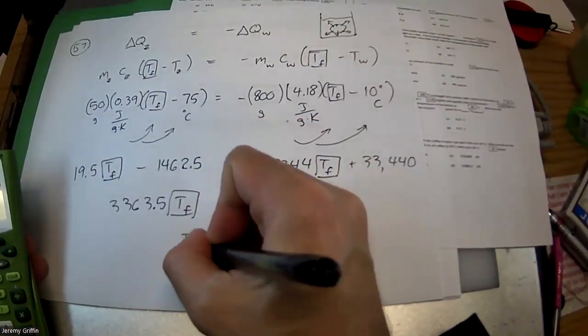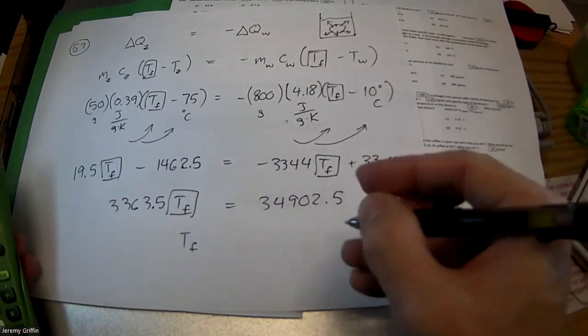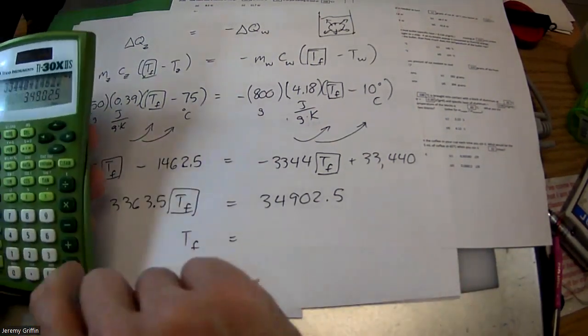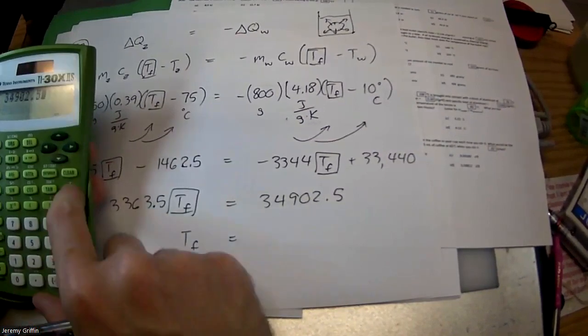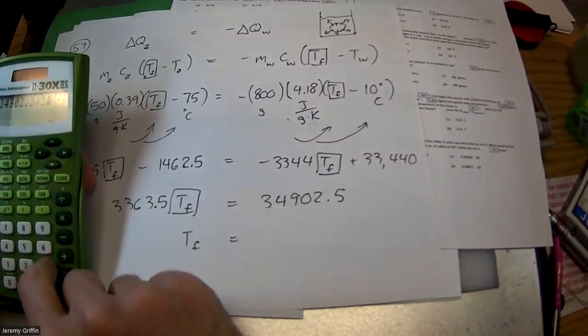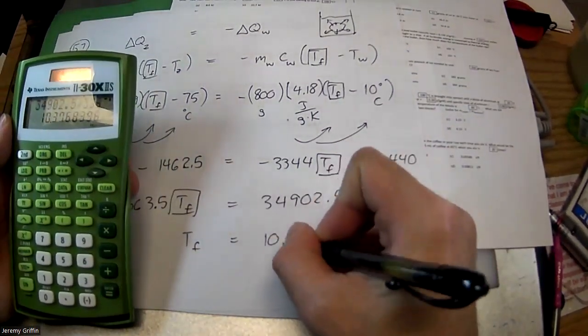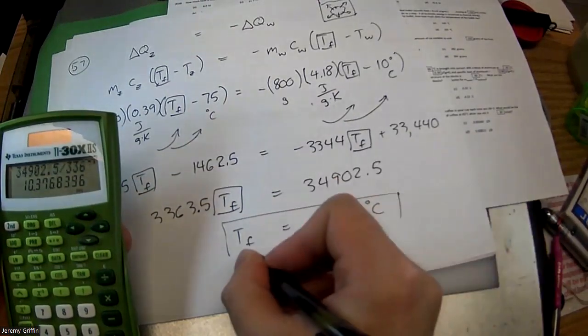Remember what I'm looking for: if I get probably between 10 and 15 degrees Celsius, that's kind of what I'm expecting. More than 10, but not crazy much more. So what is that number? 34902.5 divided by this coefficient, 3363.5, and 10.38 degrees Celsius. Yeah, that's within that window.